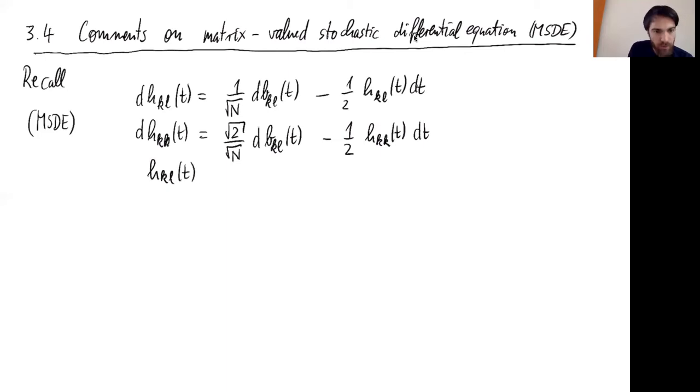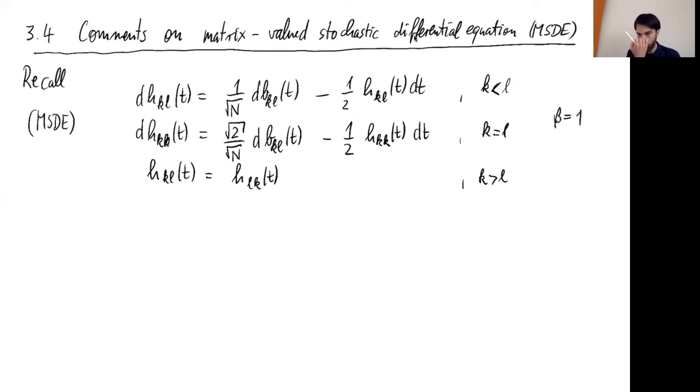And we just wanted to have something which is symmetric, so H_KL equals H_LK. So this was, say, for K smaller than L, K equal to L, K bigger than L, and this was the, so to say, beta equal to 1 case.